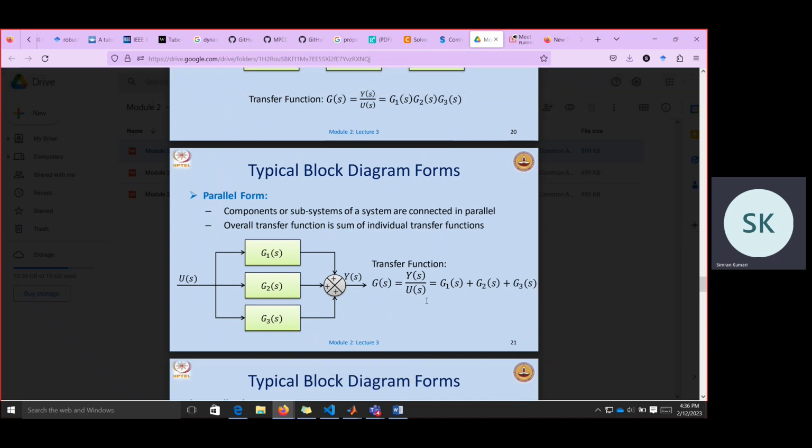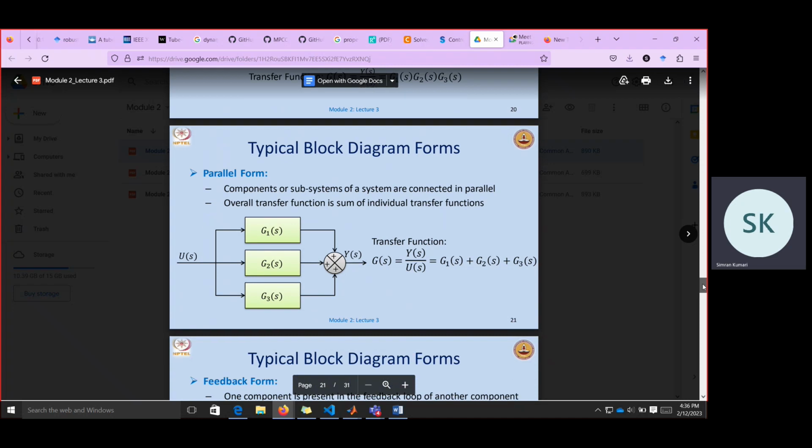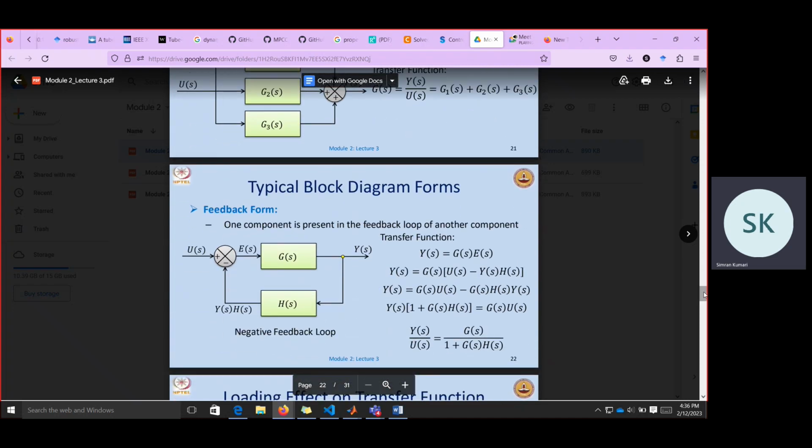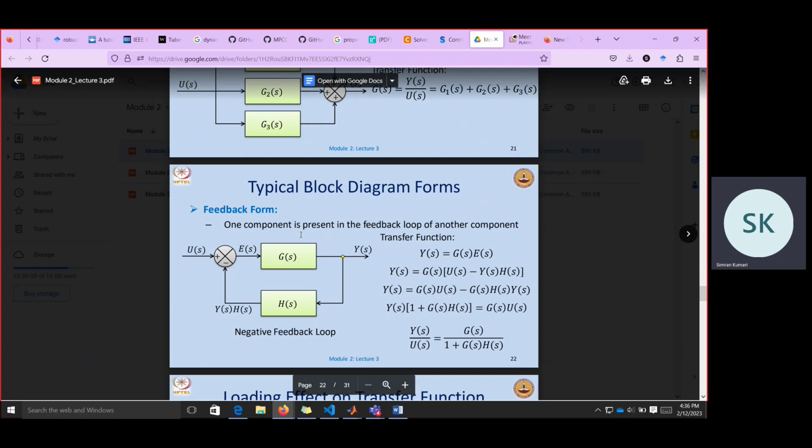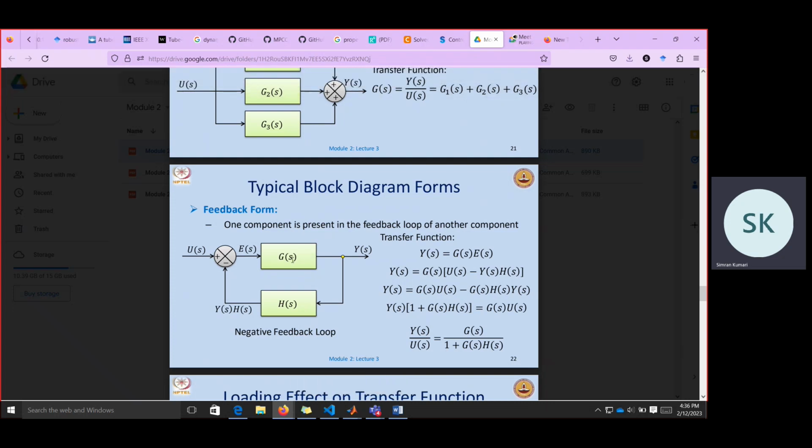And we can have hybrids also, where some subsystems are connected in series and some in parallel. And one topology that we deal with is the feedback form. In engineering, we'll mostly be dealing with this one, because our objective is to have the plant behaving in a certain way.